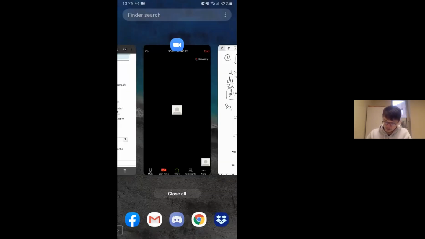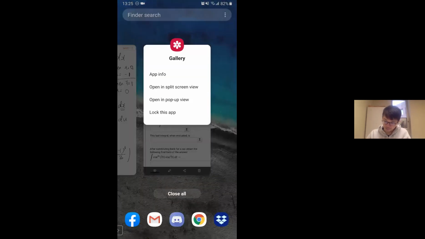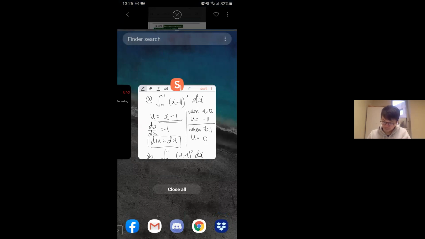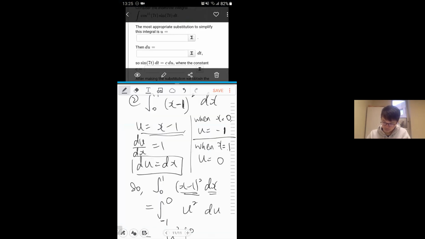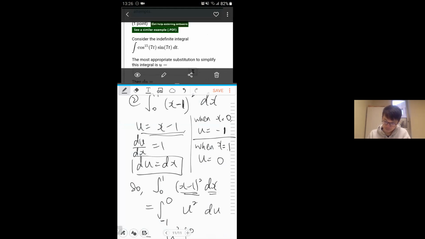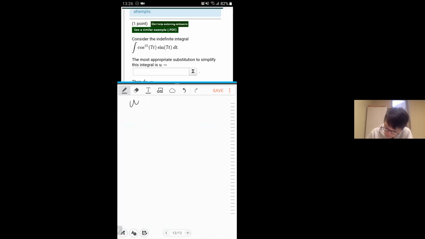Cool. Let's look at this example on the WebWork. This is question 3 in my WebWork. You want to compute the integral of cosine to the 15 of 7t times sine of 7t.